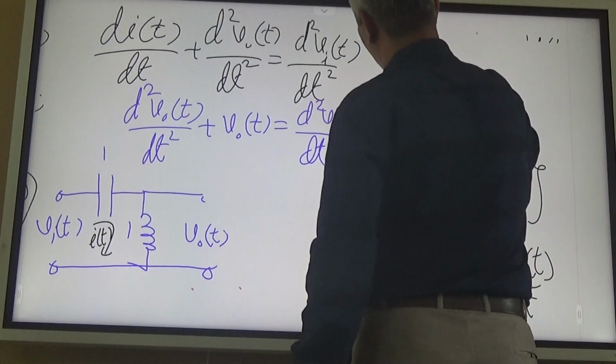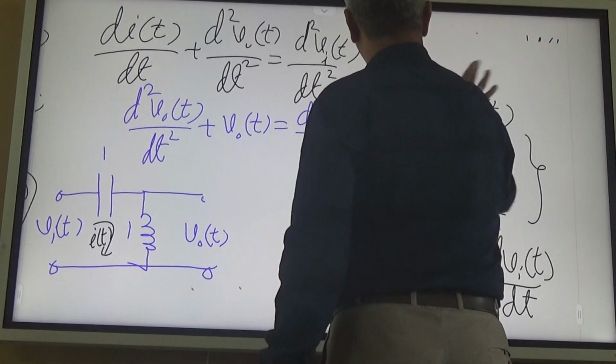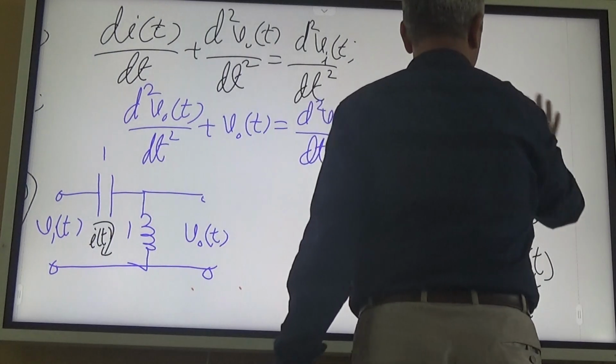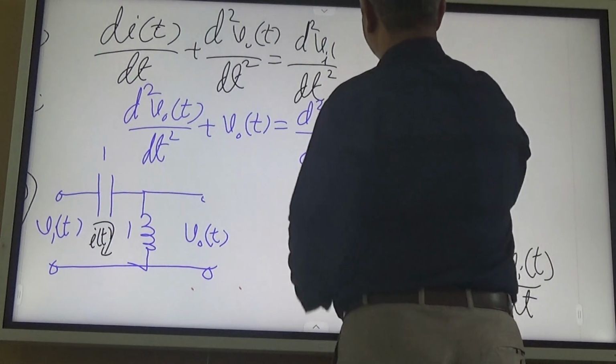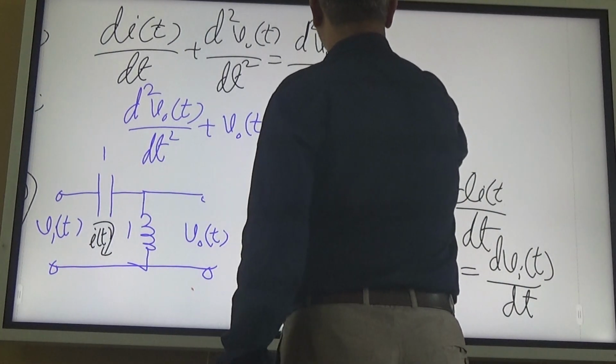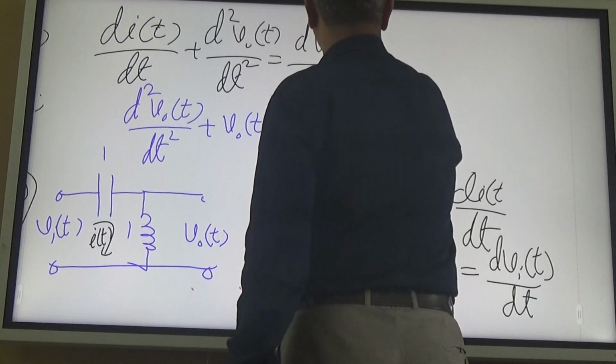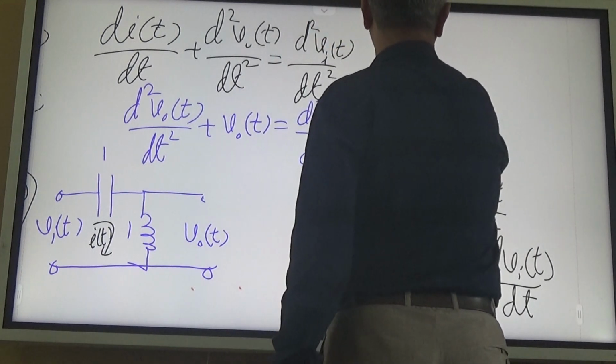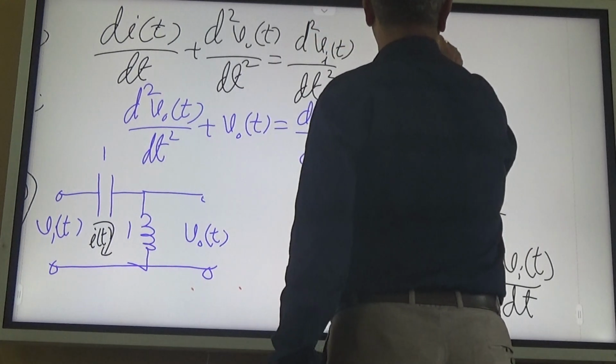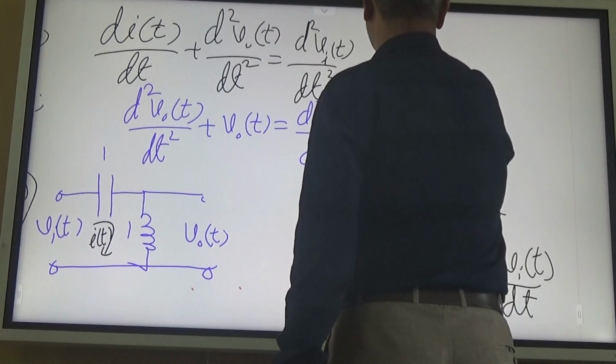Now we move next for a somewhat bigger circuit. What the bigger circuit can be? Again we are not taking values.